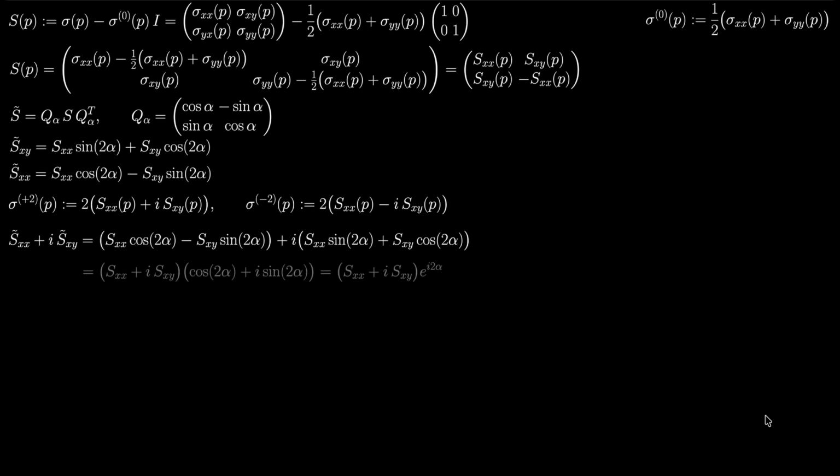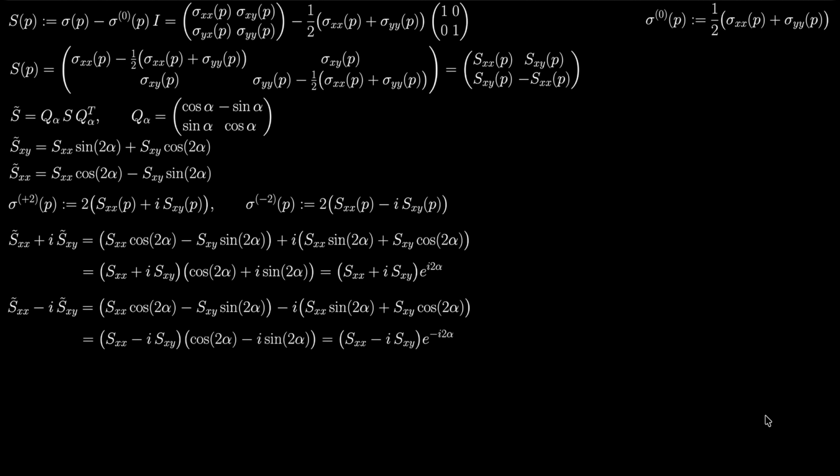With a little bit of algebra, we can see that they're actually related quite simply. So we have S tilde xx plus i S tilde xy equal to the original linear combination Sxx plus i Sxy times this exponential.